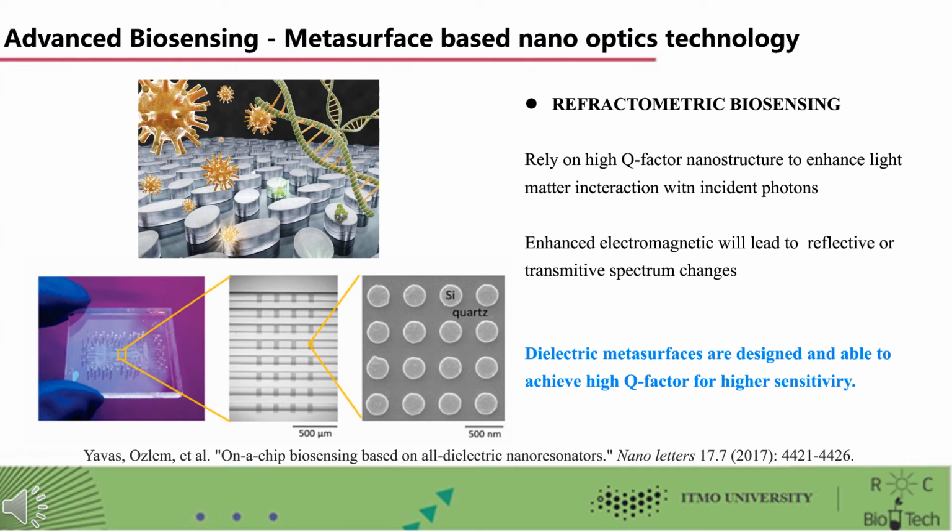Analyte binding on the resonators creates local changes in the refractive index, which can be detected and quantified by tracking the resonance wavelengths or the induced changes in the transmission and reflection spectrum. Usually, those nanopillars can easily lead to refractive index changing and further increase detection sensitivity.